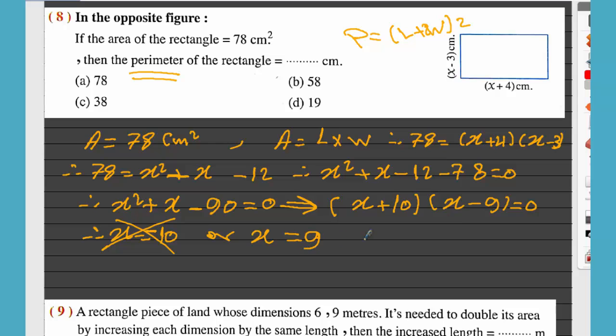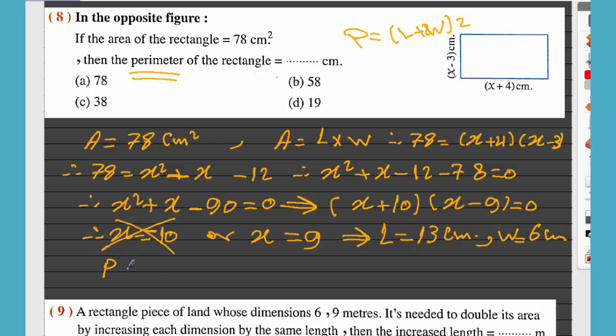When x equals 9, it means the length equals 9 plus 4, 13 centimeters. And the width will be 9 minus 3, which equals 6 centimeters.